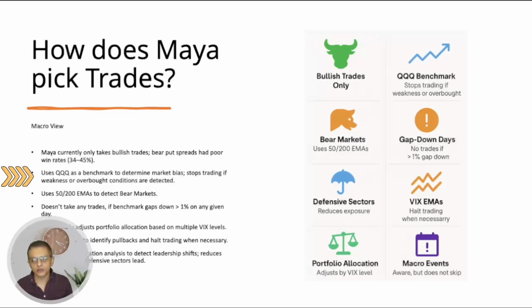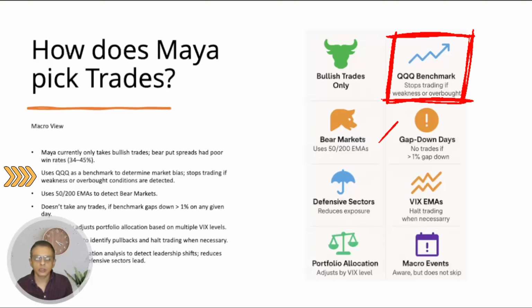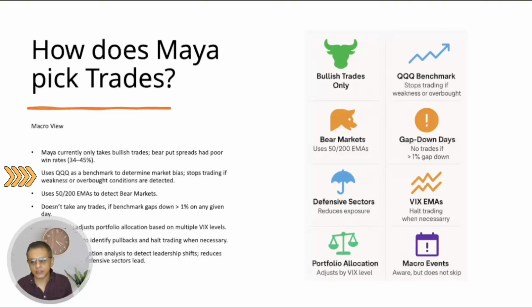For that, it uses a benchmark. Maya uses QQQ as its benchmark. You could use SPY too, but Maya uses QQQ. The reason I chose that is because I mostly trade tech stocks, and QQQ is more volatile and can be used as a leading indicator when viewing the market.